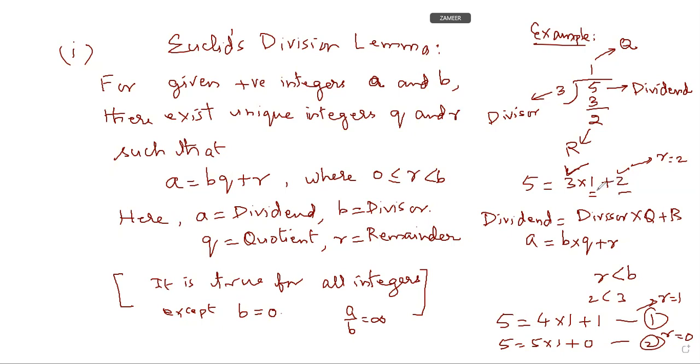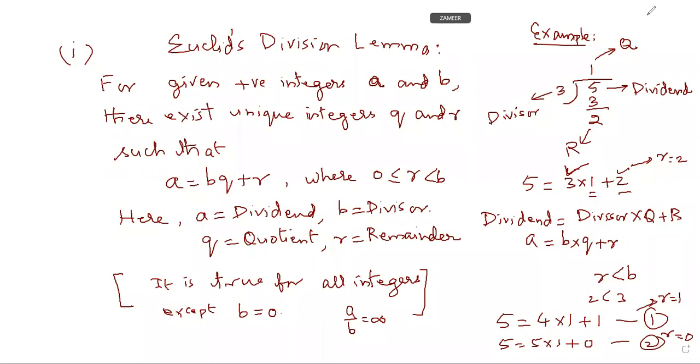So what is the application of Euclid's division lemma? We will use it to find the HCF of two given positive numbers. I will show you the steps of how we will find that. I'm going to write the steps, then we will do the question.